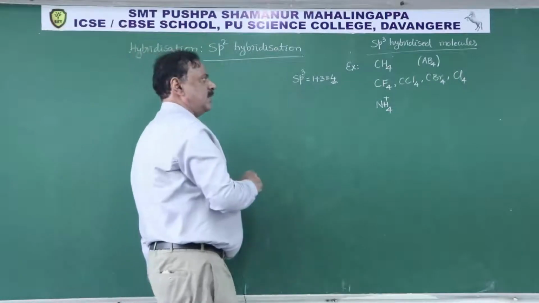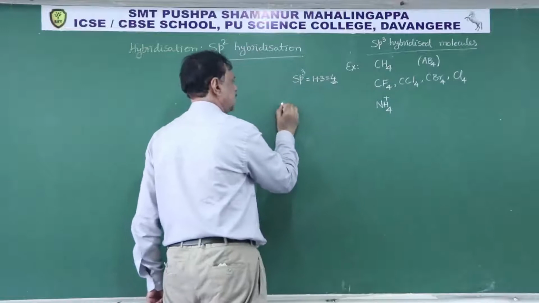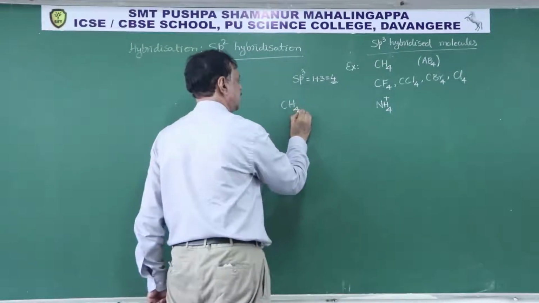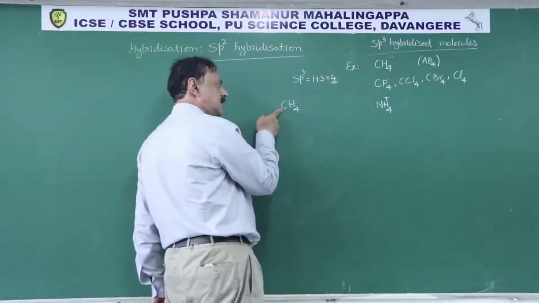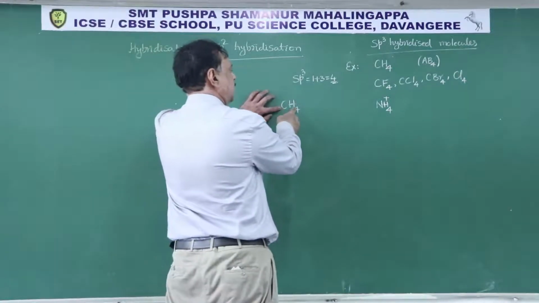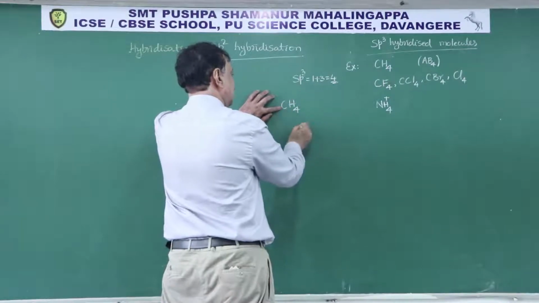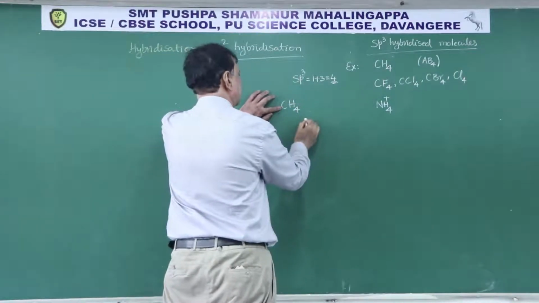In the CH4 molecule, the methane molecule, this is the central atom, and these are the atoms surrounded to the central atom. Write this number first, that is equal to 4.